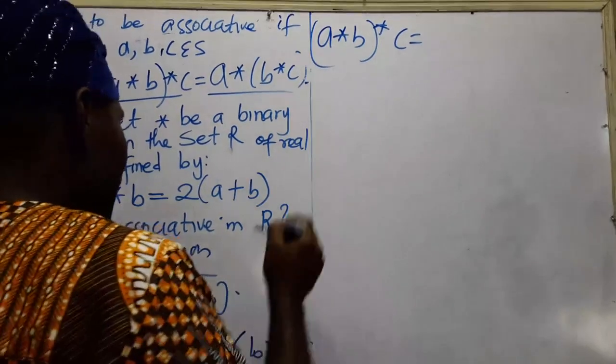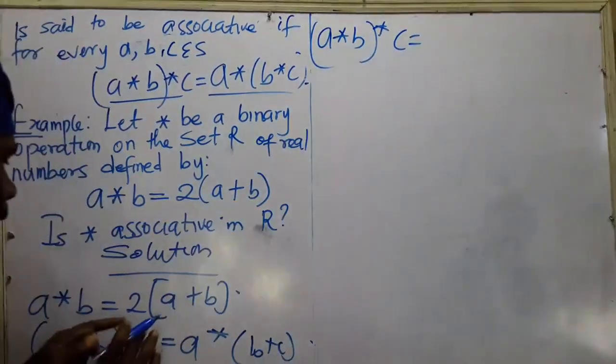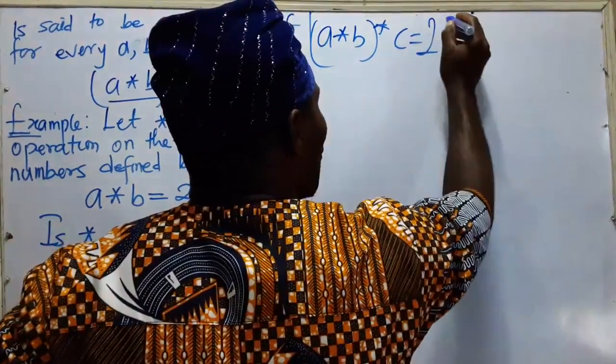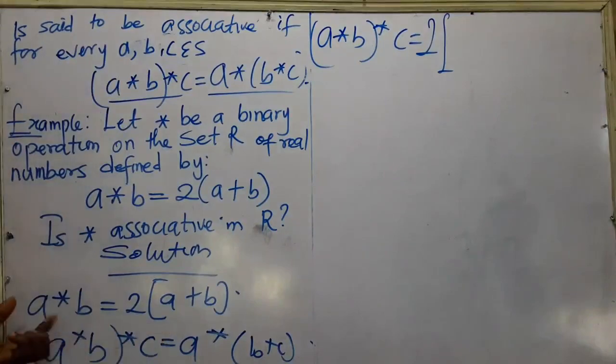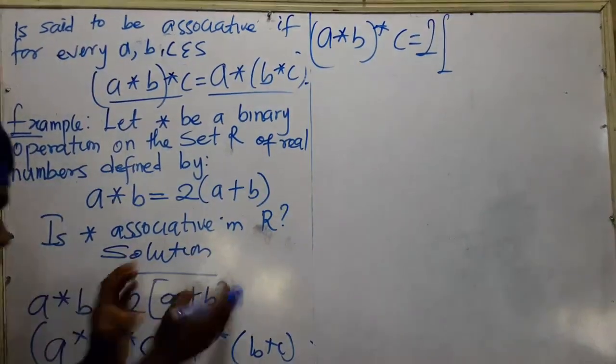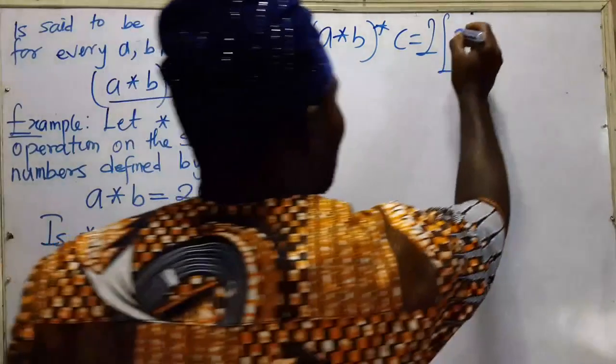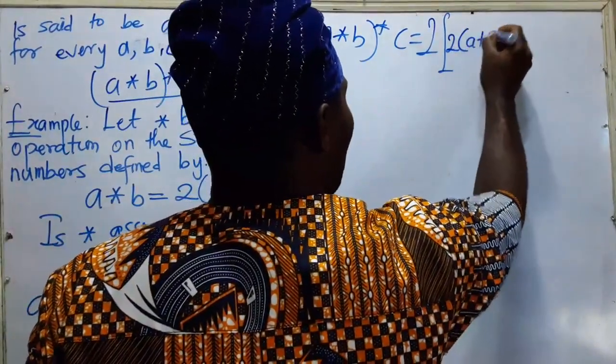So this is the operation 2 times the big bracket. Now A operation B in total is 2 times (A plus B).